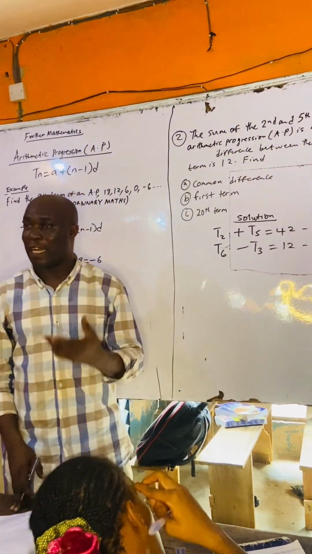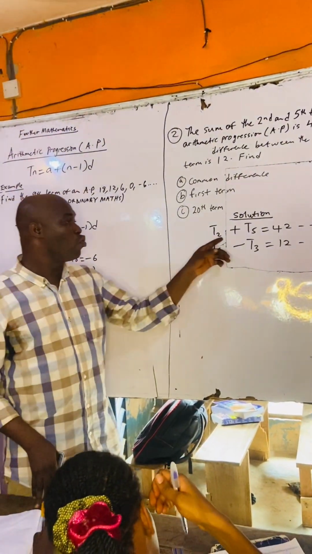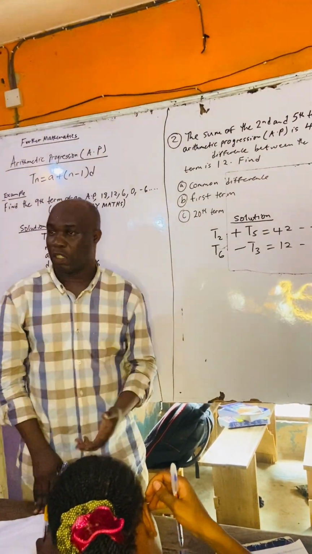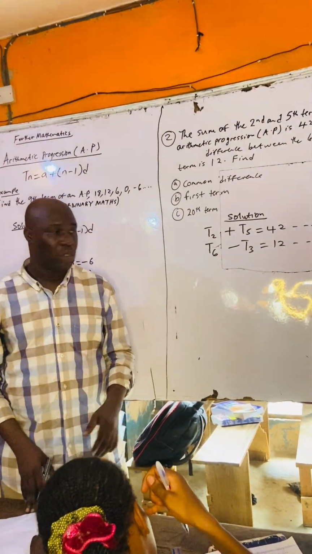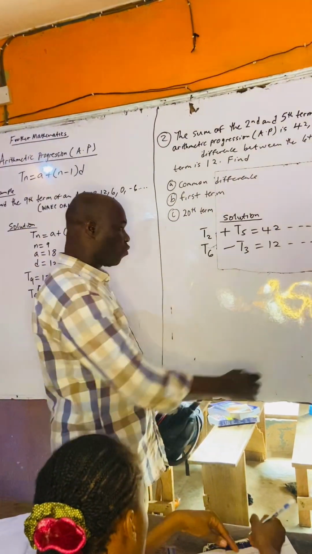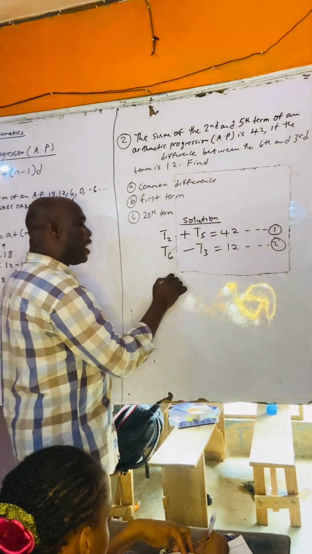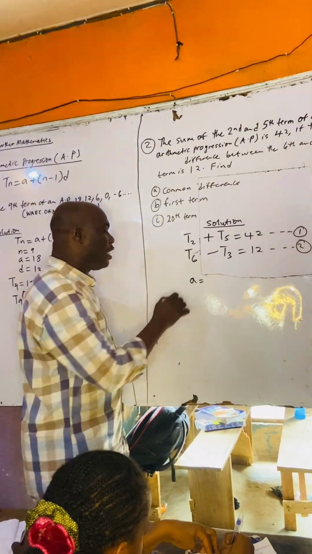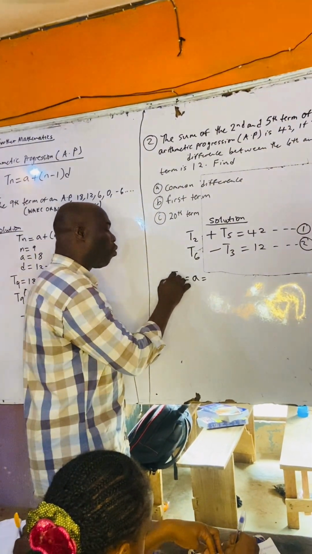How do we go about that? T2, T5. To some people, it might be somehow confusing, but it is simple. Let's go by this. Everybody, you know that A is called the first term. It means A is your T1.